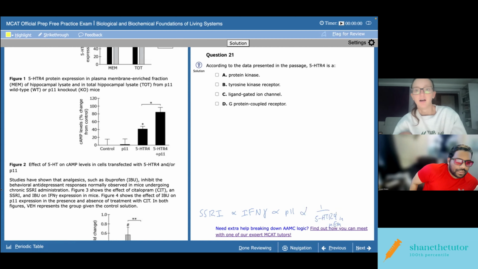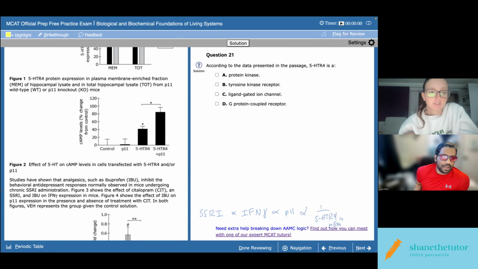So cAMP levels relate to the percent change from control. When we have 5-HTR4, it goes up, we have more cAMP, and with P11 you have even more.